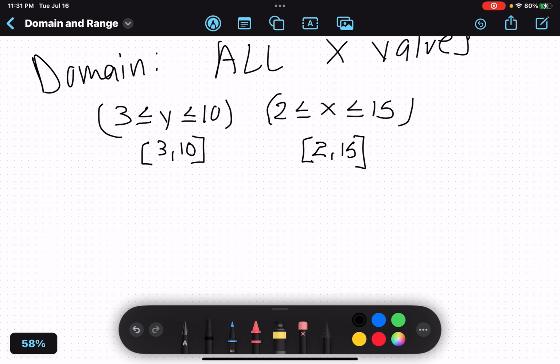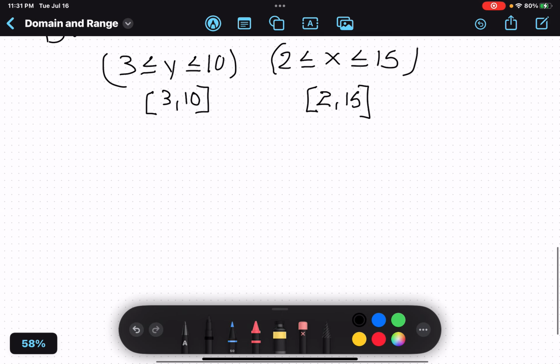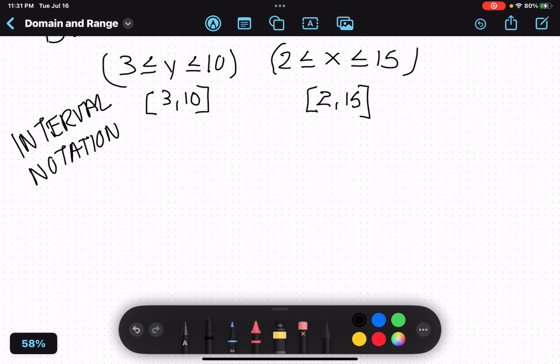So this is interval notation. When you write it in an interval like this, this is a bracket. This is inclusive.